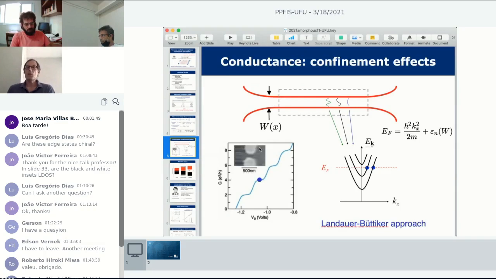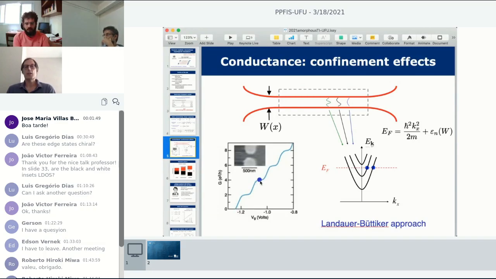And this has been observed. If you confine the electrons to a channel like a narrow constriction, and you start making the constriction wider or narrower, you see these nice steps forming.